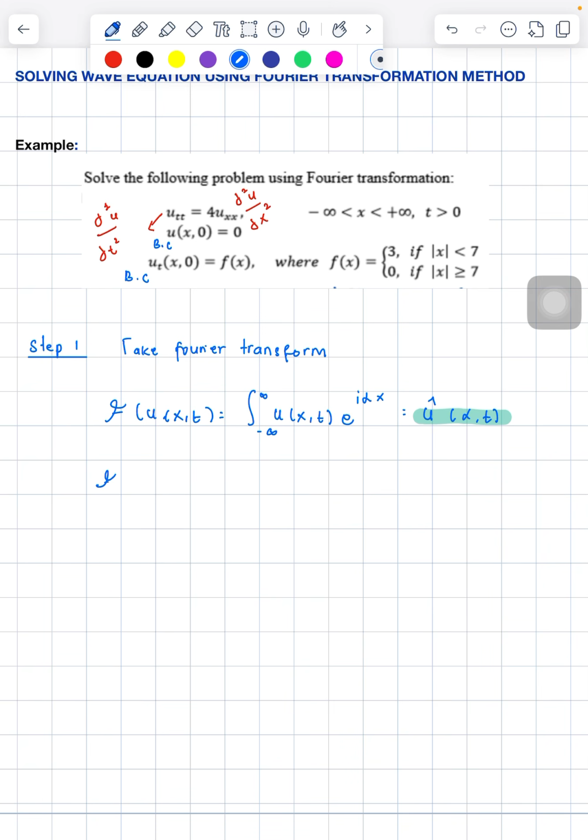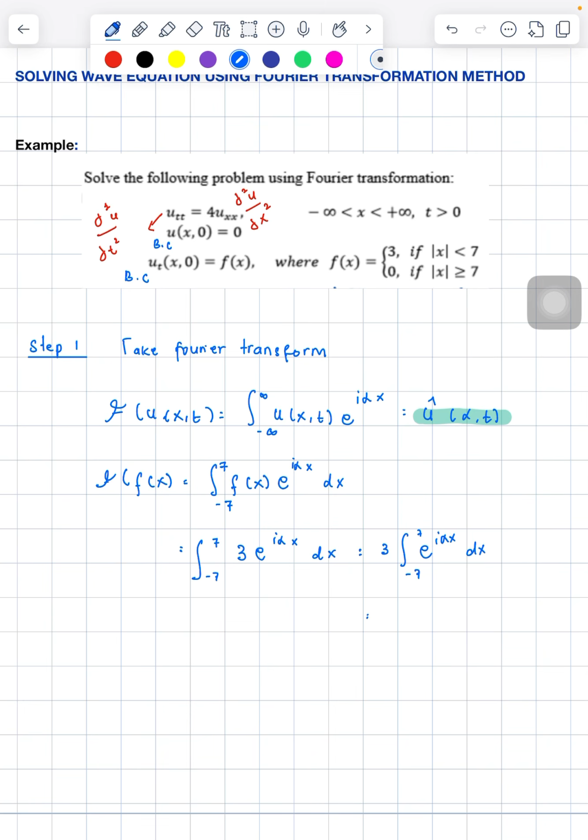So the Fourier transform of our function f(x) equals the integral of f(x) e^(i alpha x) dx, from -7 to 7.